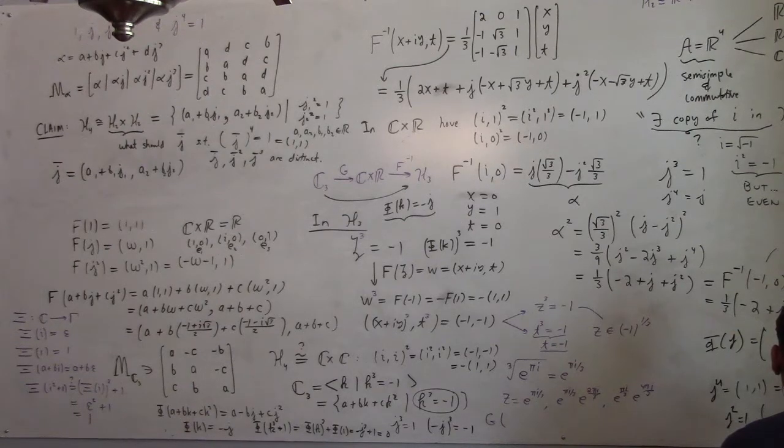H4 is C cross H. So that's kind of neat. Does it generate though? H2 is isomorphic to R cross R. H3 is isomorphic to R cross C. And H4 is isomorphic to C cross H.